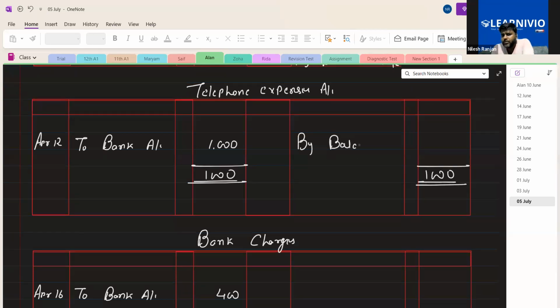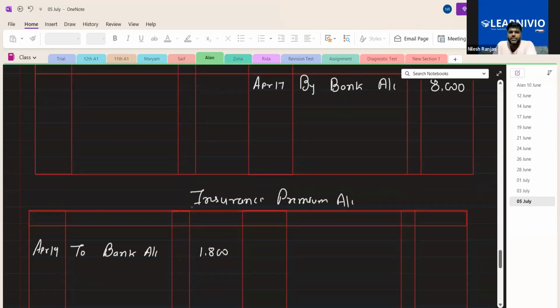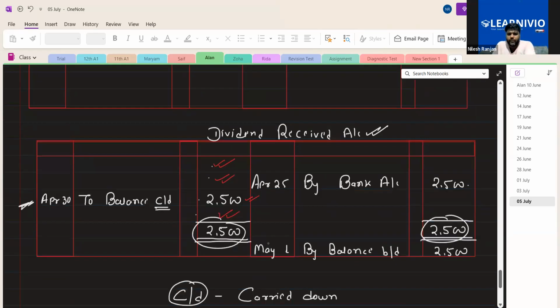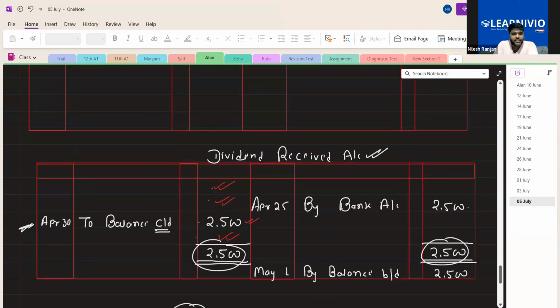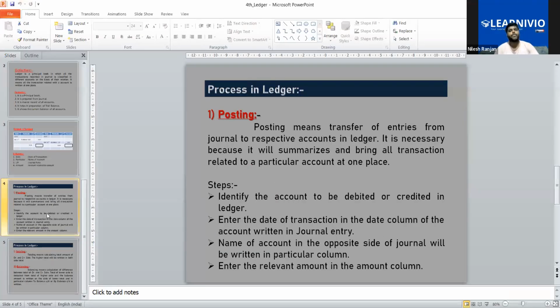So this is called totaling and balancing. The amount we have calculated as total is called totaling, and then we calculate the balance. Bank charges, sales, insurance premium, in every account we will do the same. So these are the steps. Please write this in the posting. Take the screenshot, okay?